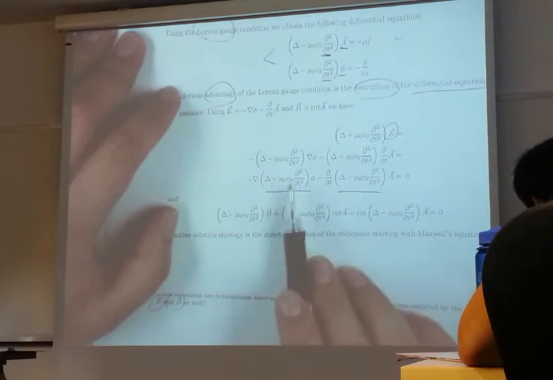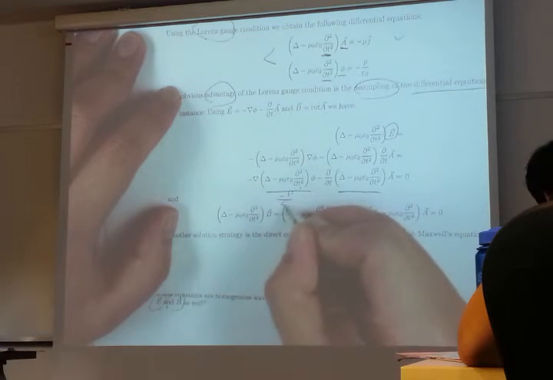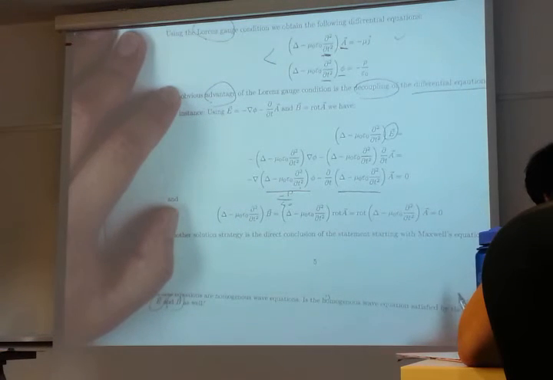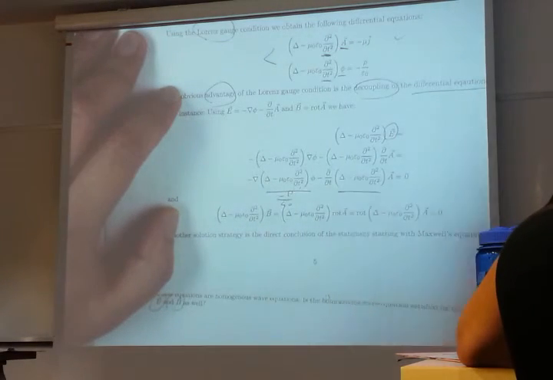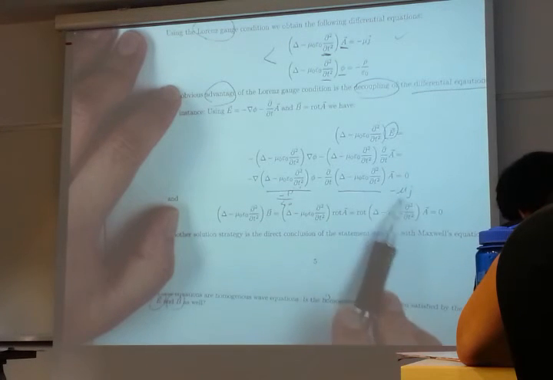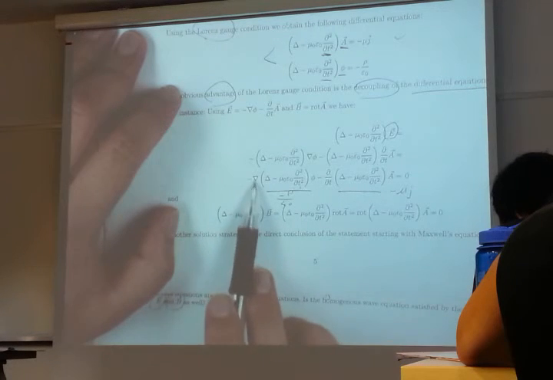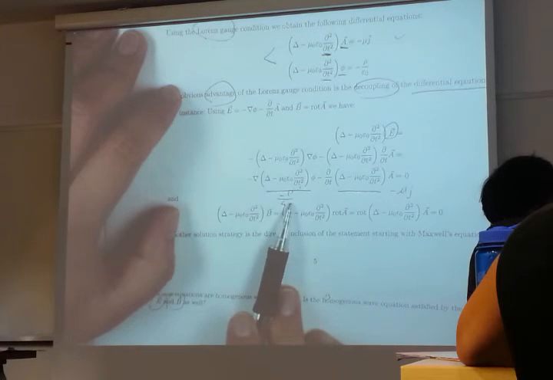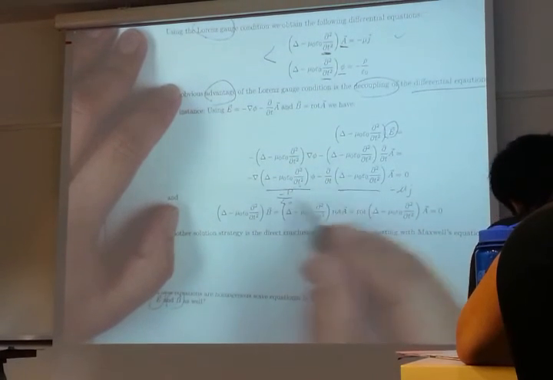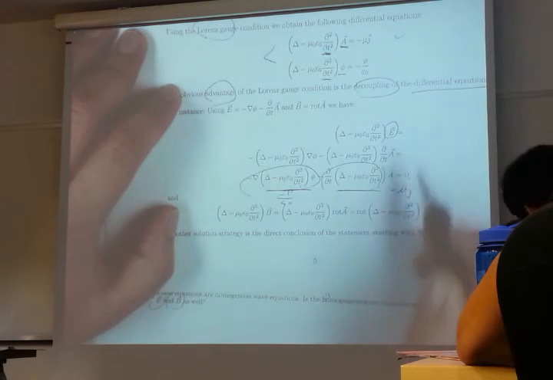It's the Gauge condition, equal to minus rho over epsilon. And this one is another Gauge condition, equal to minus mu J. Okay? So why is this 0? Because this is a constant. You are looking for the differentiation of the constant, and written out, the differentiation of the constant is of course 0. So this whole thing is 0. So this must be 0, using these two.